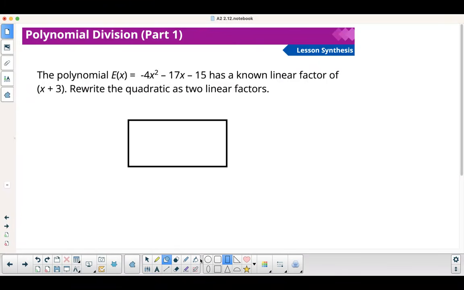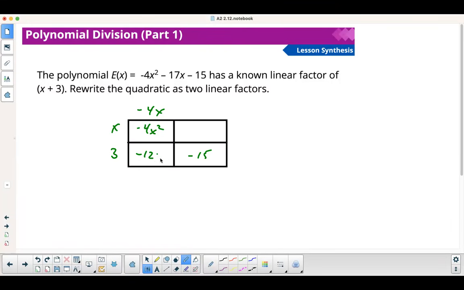So this one is kind of easy because we have a quadratic. So we're just going to do a 2x2 box. We put the negative 4x squared there and the negative 15 here. So this has to be x and 3. So now I can say, oh, okay, this would be negative 4x to get here. Then I can multiply these two.